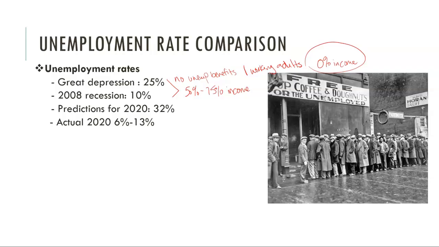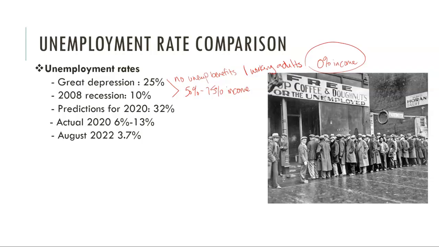Actual unemployment rates for 2020 were around 6% to 13%. A lot of people were actually able to work from home who hadn't been able to previously. Companies were able to adjust and shift work mode so that they didn't have to lay people off, they didn't have to reduce productivity. In August of 2022, unemployment rates dropped down to 3.7%. They stayed relatively low for quite a while.